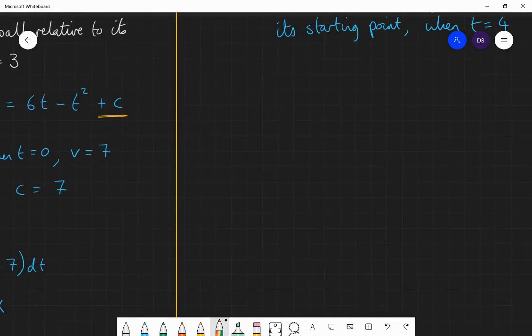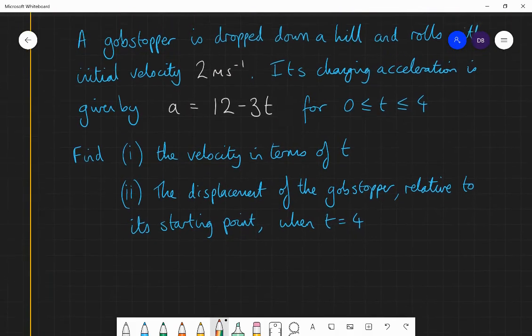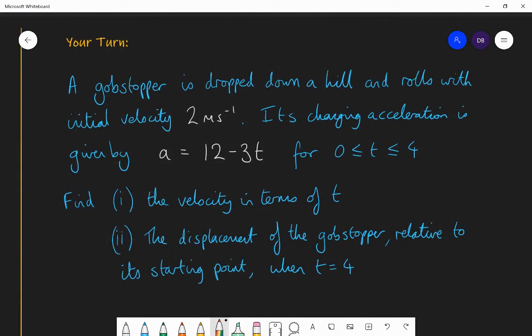All right. I would like you to have a go at this one. It's the final your turn. So pause once you've read it, have a go, and then we'll go through the answer. The question is as follows. A gobstopper is dropped down a hill and rolls with initial velocity 2 meters per second.